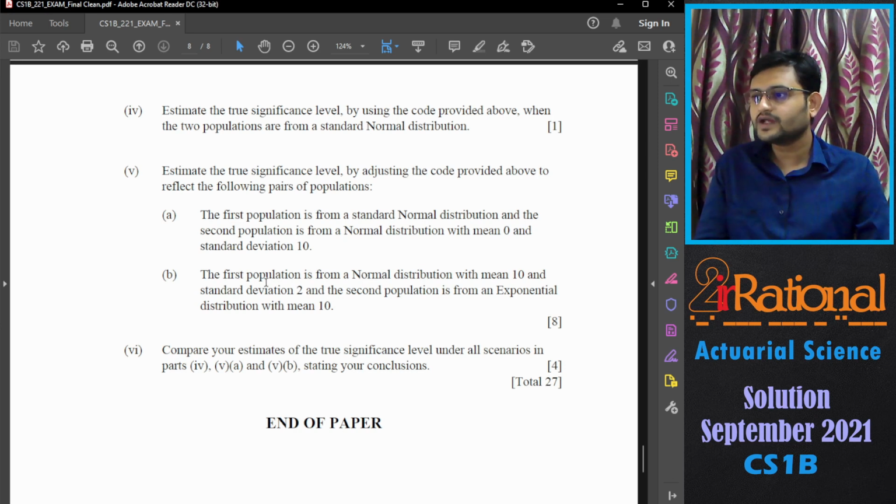And in the B part, you can say the variance is not equal in this particular case, the first population is from the normal distribution with mean 10 and the standard deviation as 2, and the second population is from exponential distribution with mean 10. So this is testing the normality. So here we were testing the variance being equal, and here we are testing whether the normality is the same or not.